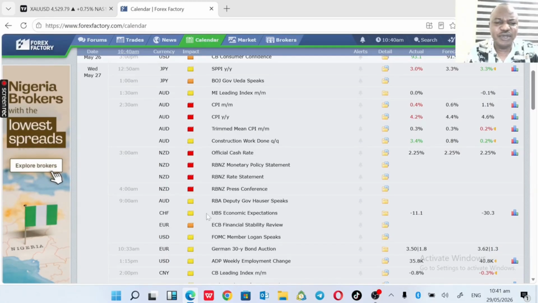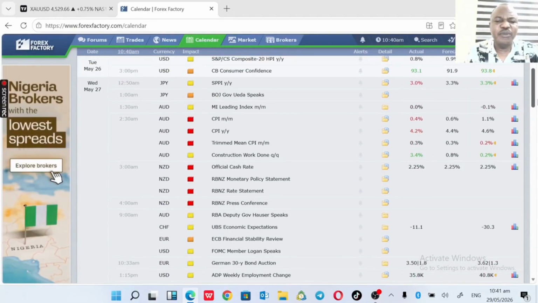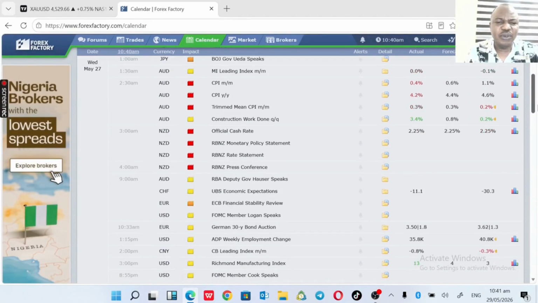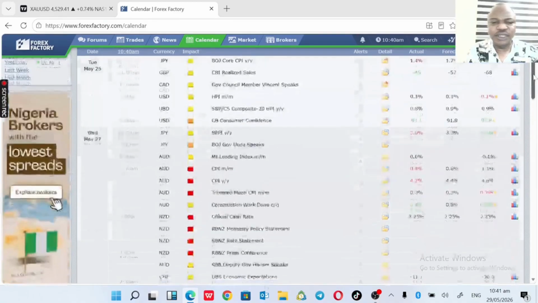All the ones you see red here are the volatile times the market may be reacting to in the afternoon. That is going to be taking effect from 2 p.m. to 5 p.m. today. So if you are going to trade in between that period, you need to be very, very careful so that you don't take a trade and have losses.